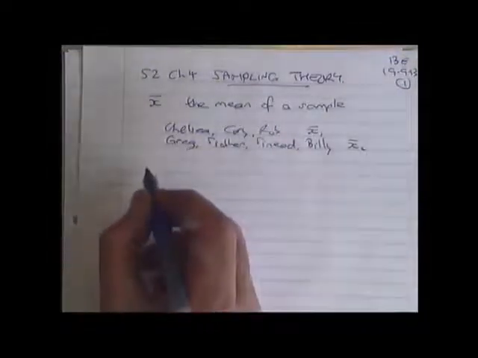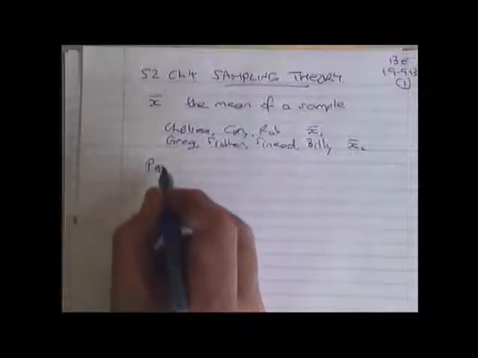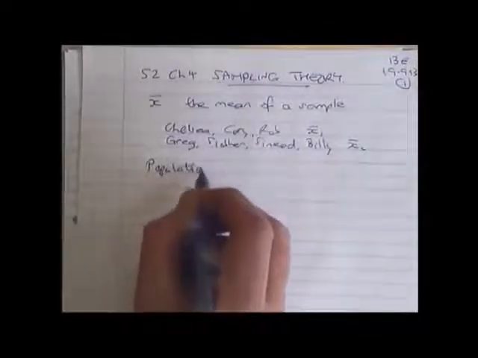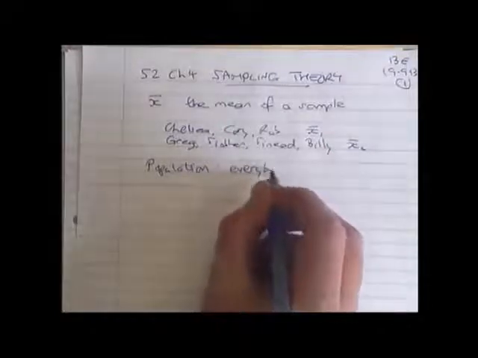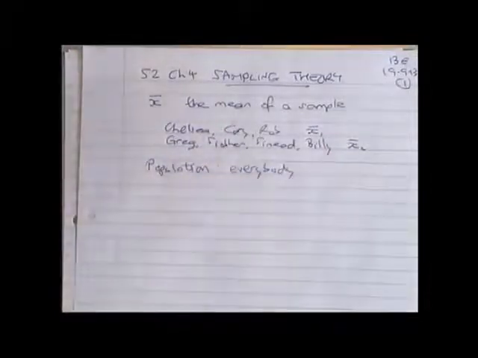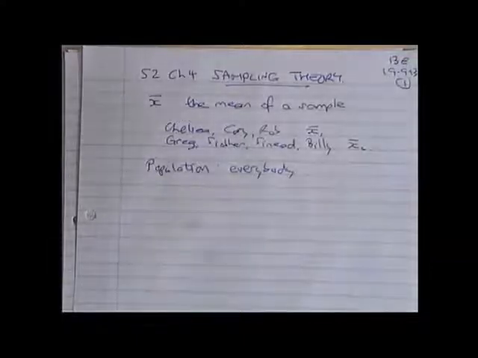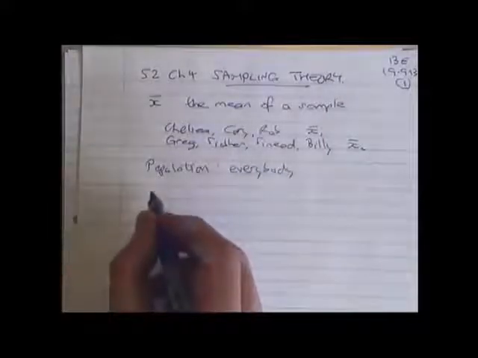Okay. The population, if we just make a note of what population is, a population is everybody, or if we're talking about leaves on a tree, every single leaf. There's a big tree over there outside the sixth form. If I want to know the average length of the leaves on the tree, I don't think anybody would actually go and measure every single leaf on there. If they did, and they worked out the mean, then they would know the population mean.